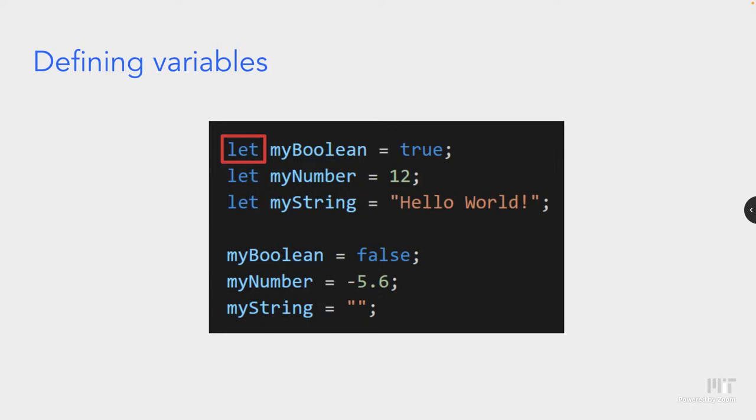Normally, in front of every definition of a variable, we have to put let, var, or const, just to describe how the variable will be used. I'll touch more on this later, but let basically means that you can change your variable value at any point, and it's okay.